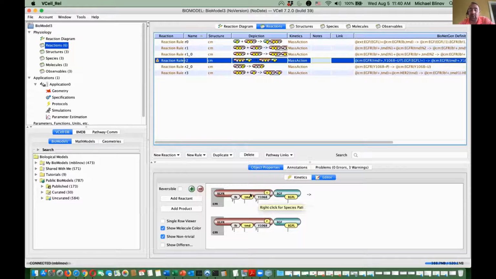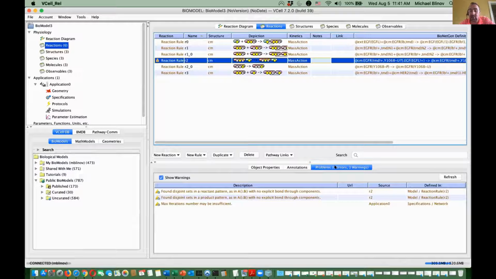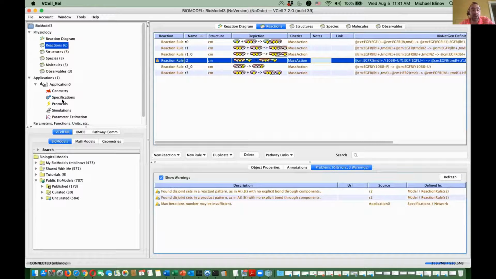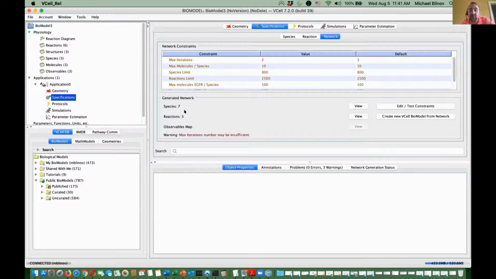because BioNetGen cannot directly traverse from here to here. Think about it as a huge aggregate, and this EGF is somewhere on the other end of this aggregate. So it can be both biologically not correct and computationally intensive. So in this case, we raise a warning. And we also have another warning that the maximum number of iterations is insufficient, which is also correct because this system is still truncated.